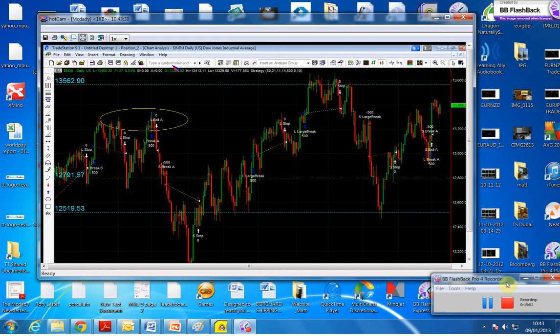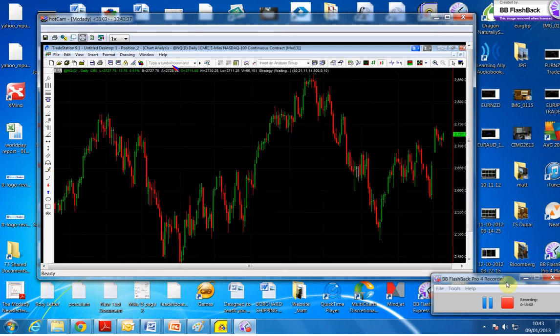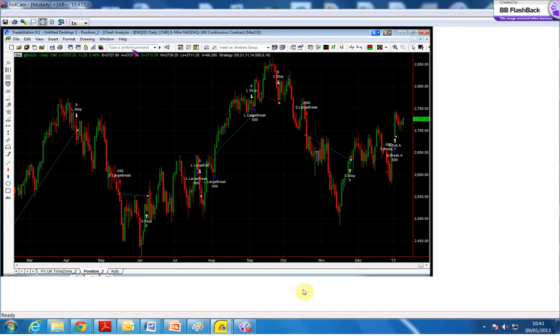Let's see the Nasdaq. We also have a buy signal on the Nasdaq. So you do have buy signals on all the United States stock markets.